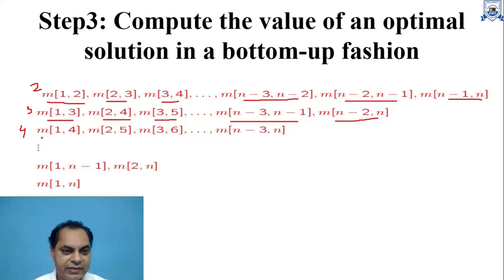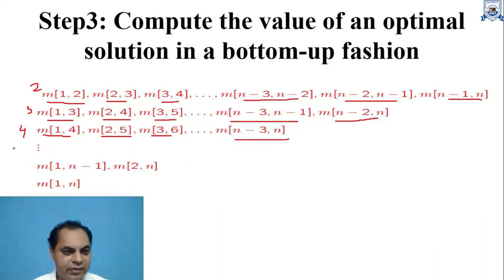So in this case we have to solve matrix multiplication for size 4: for 1 to 4, then 2 to 5, then 3 to 6, and up to n minus 3 to n.